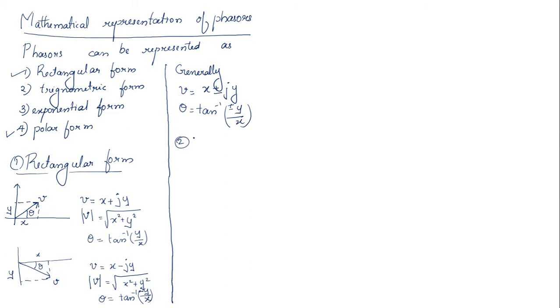So the second form is trigonometric form. Let us see how we can represent a phasor in trigonometric form. Again I am taking the phasor which is like this, at angle theta, and we know how to resolve this into two components, that is x component and y component.